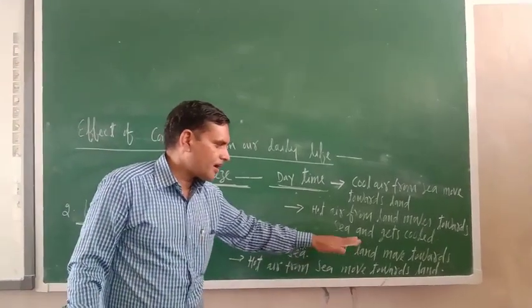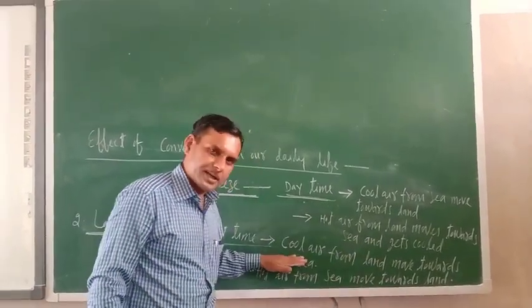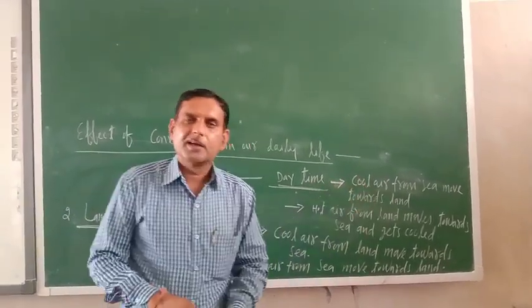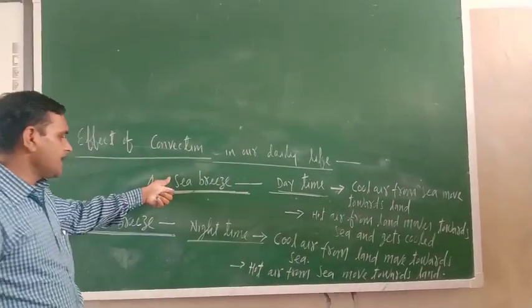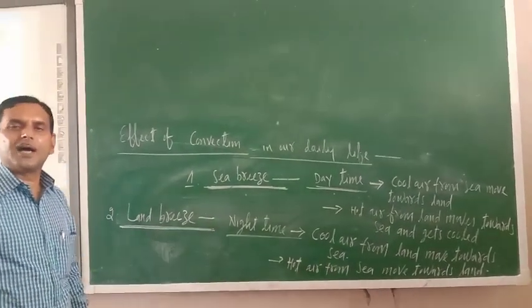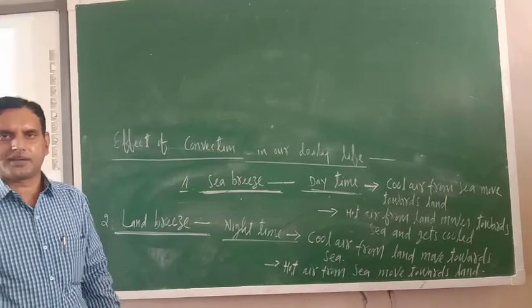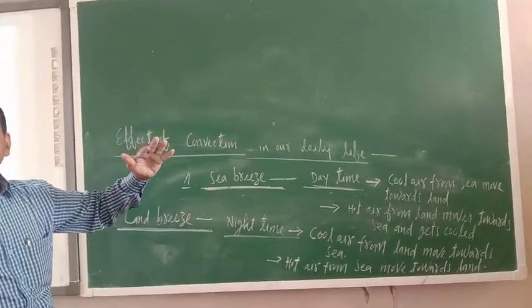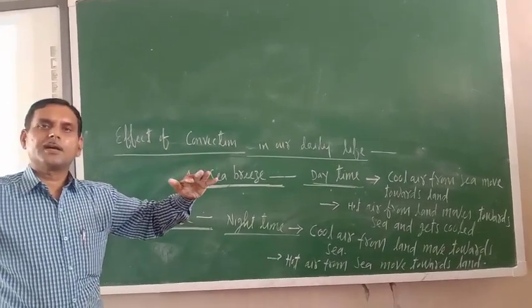So in the night time, what is there? Cool air from land moves toward the sea, while the hot air from the sea moves toward the land. So remember, this sea breeze and land breeze is because of the temperature difference of the land and sea water. In night time, what is there? Land temperature will be more, while the sea temperature.